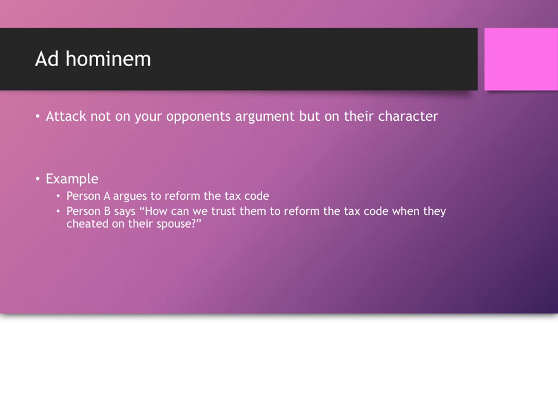And another person, rather than actually arguing about the tax code, says, well, how can we trust them when they cheated on their spouse? Now, obviously, cheating on your spouse really doesn't have anything to do with the tax code. And anytime that there's an attack on somebody's character, that's an ad hominem attack.